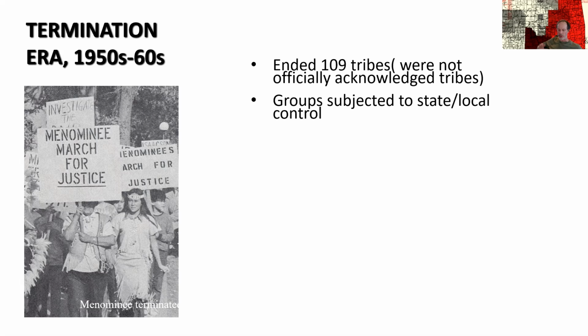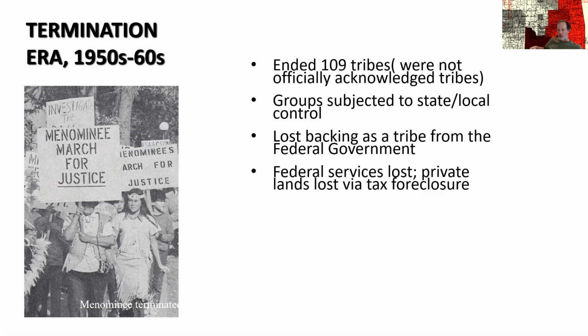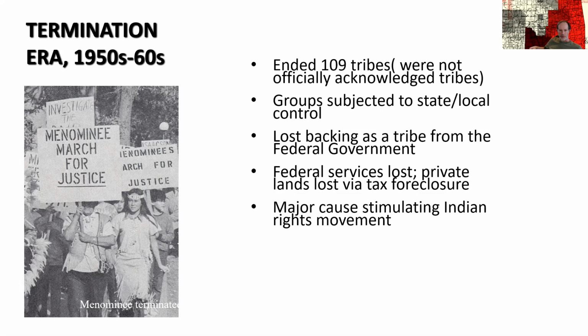Well, not no relationship, but something where the state and local government has more control. Again, this losing of backing from the federal government, the autonomy of the different tribes, losing federal services, losing land, right? So generally just not a good period.